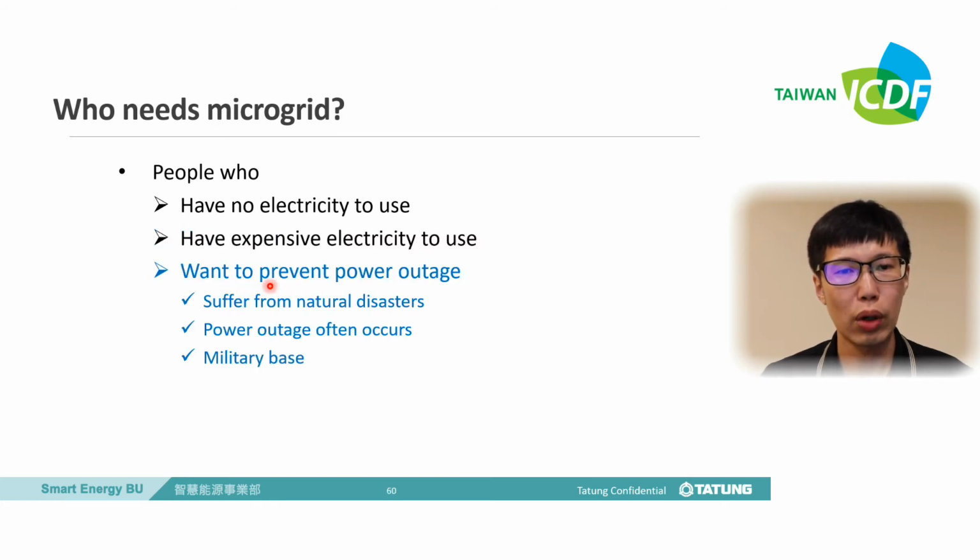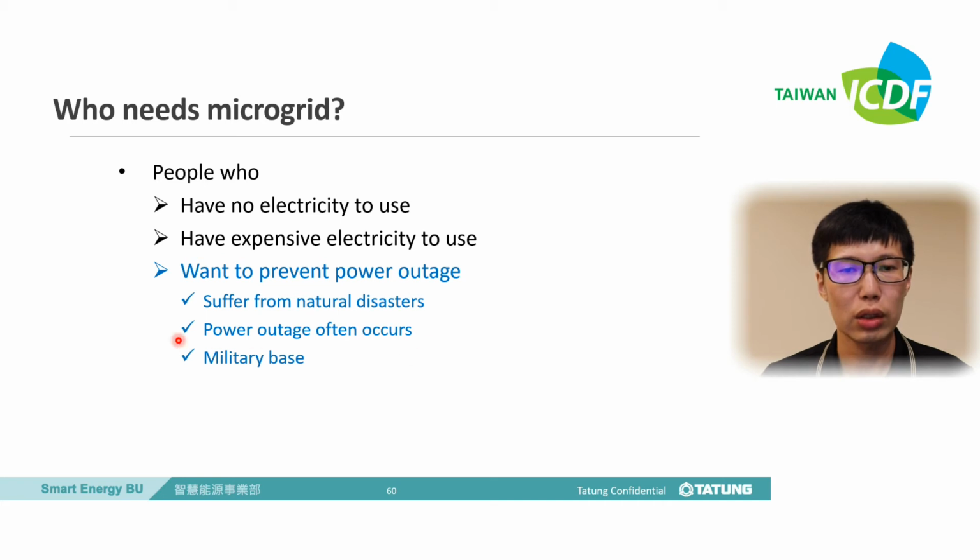And third, the people who want to prevent power outages. For example, some people who suffer from natural disasters like typhoons or earthquakes or some other disasters, or some places where power outages often occur.